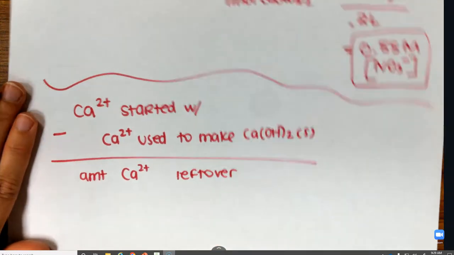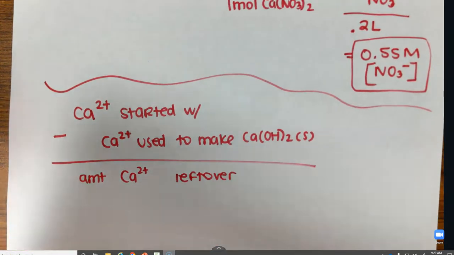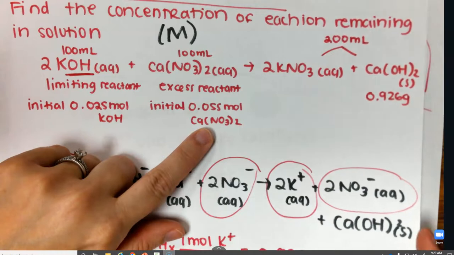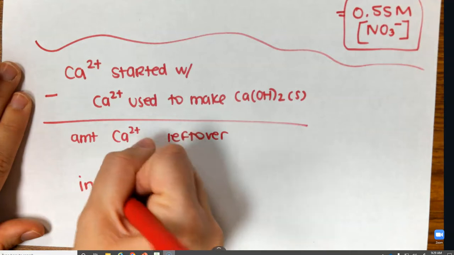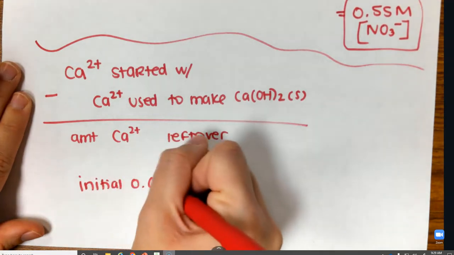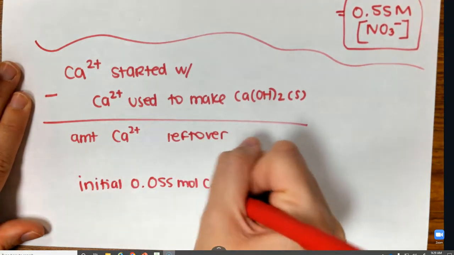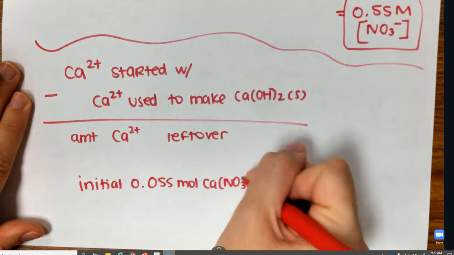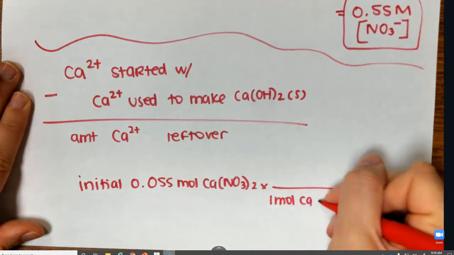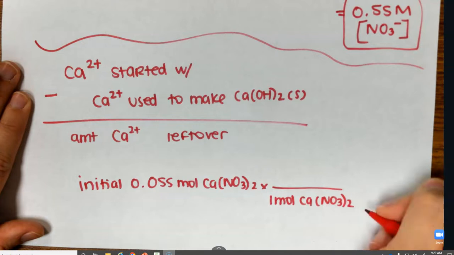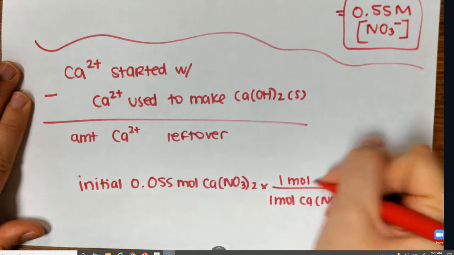Okay, so let's go look back at the initial problem. How much did we start with? Initially, we had 0.055 moles of calcium nitrate. 1 mole of calcium nitrate has 1 mole of calcium.